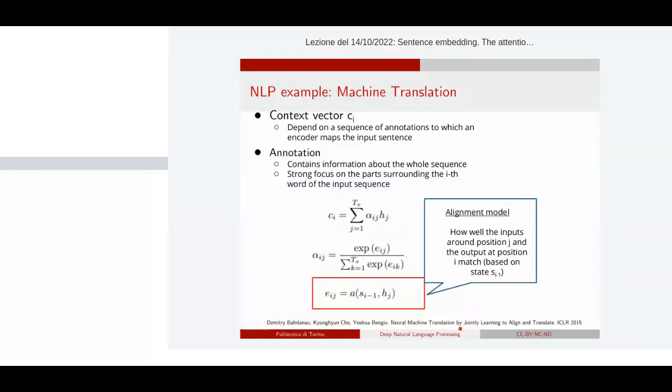Okay? So here we are at position i. We consider what is the context of i and how well the position j contributes to that kind of context representation.